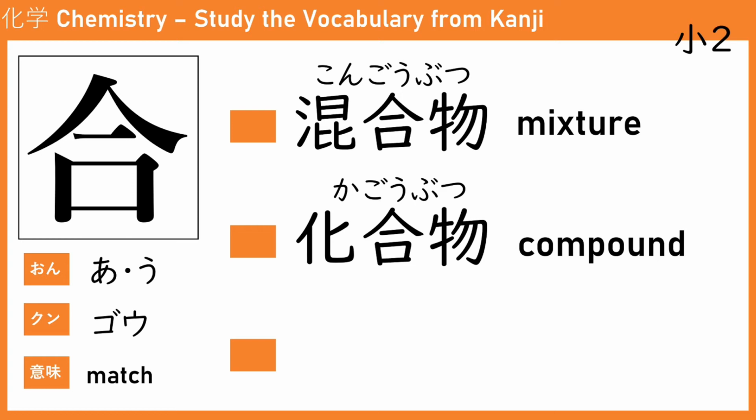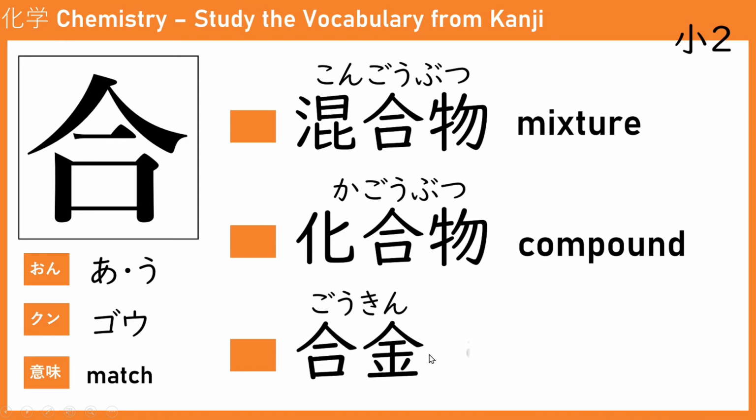If you mix more than one element into certain things, we call it a compound, right? CO2, CO, H2O, SO4, like that. The next one is gokin. Gokin. If you mix metal, if you match metal, you get alloy. Okay, gokin.